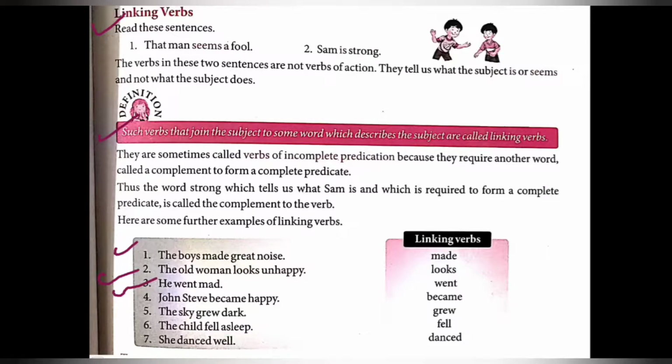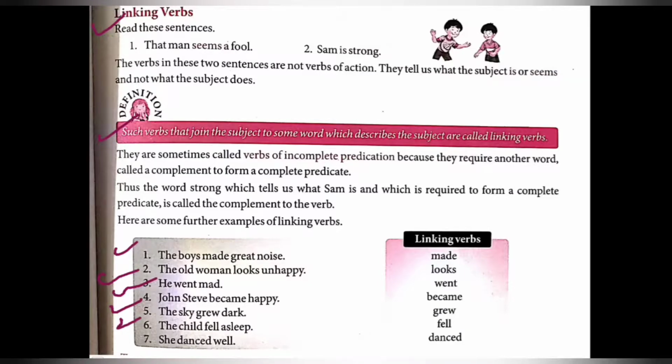John Steve became happy. Here the linking word is became. Okay, so the linking verb is became. The sky grew dark. Here the sky and dark. Dark is an adjective, right? So here the sky is the subject, dark is the adjective, which is the rest of the sentence, and grew is the linking verb.